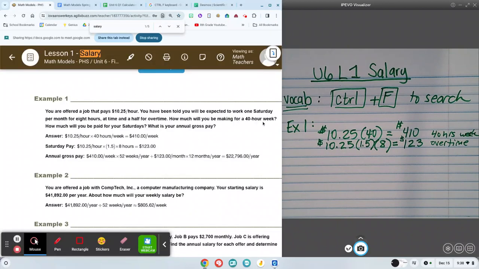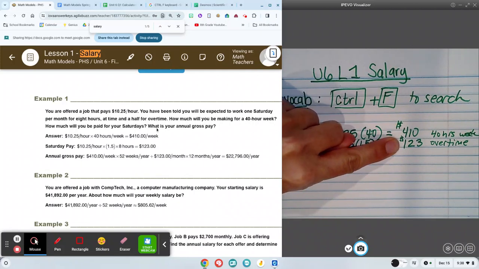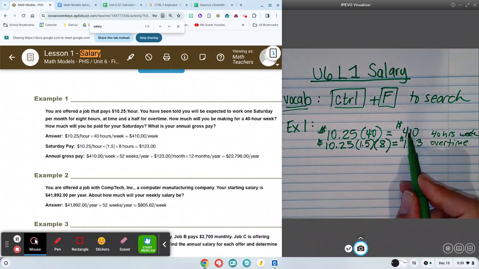All right, so let's look at the questions. How much will you be making for a 40-hour week? $410. How much will you be paid for your Saturdays? $123. What's your annual gross pay? So since this is per week, but we also have $123 once a month, it's a little tricky.